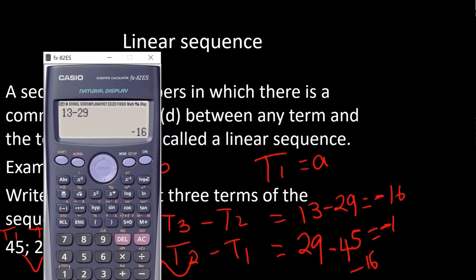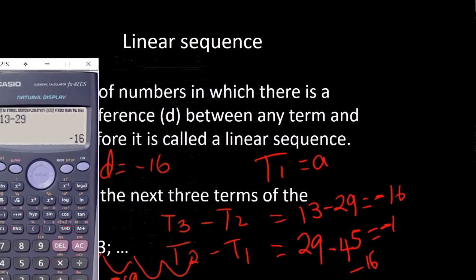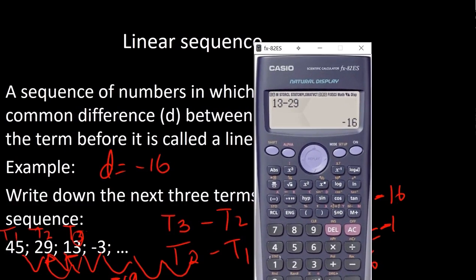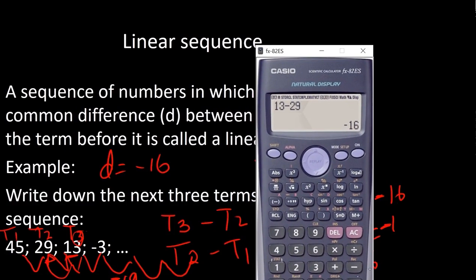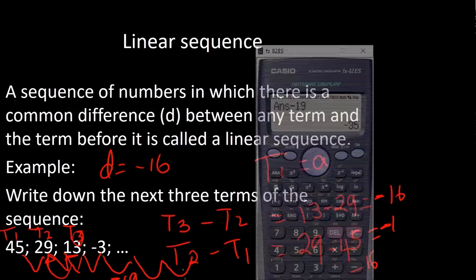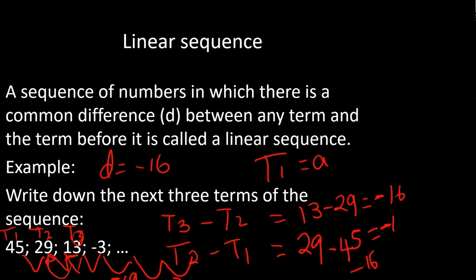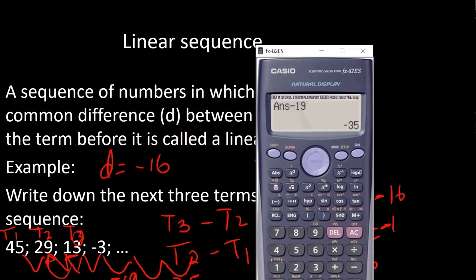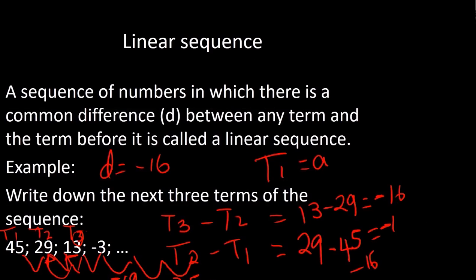Negative 19 plus negative 16 will give me negative 35 as the next term in the sequence. And then negative 35 plus negative 16 will give me negative 51.